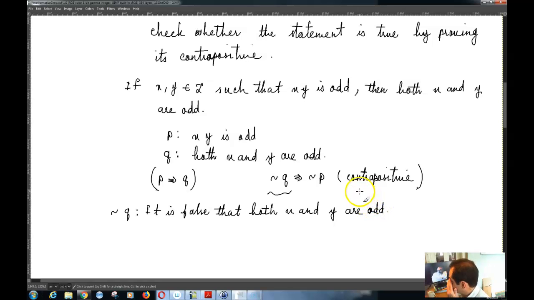And this implies that x or y is even, meaning that either x or y is even.